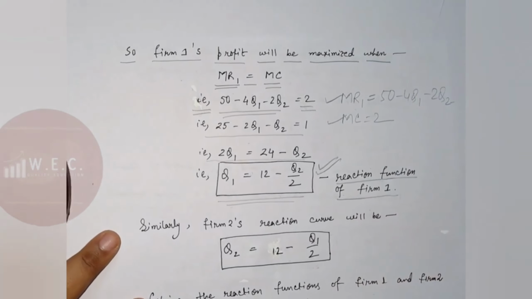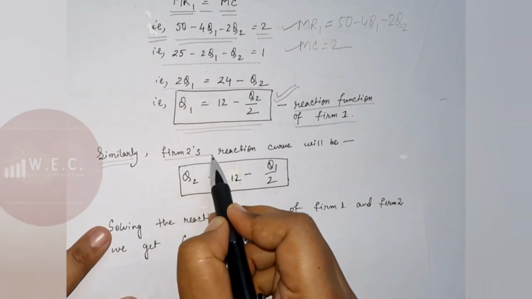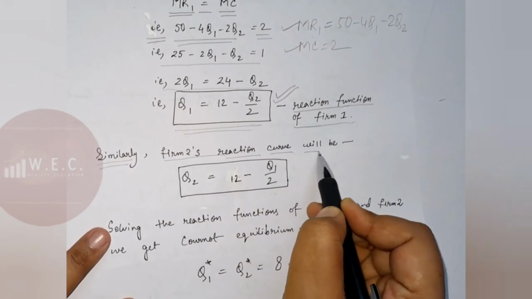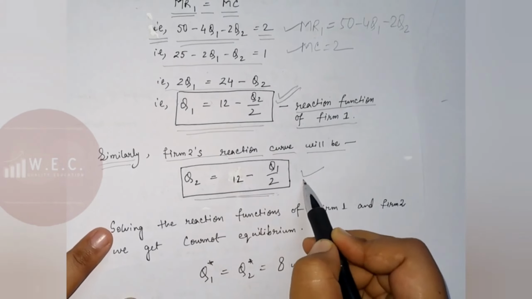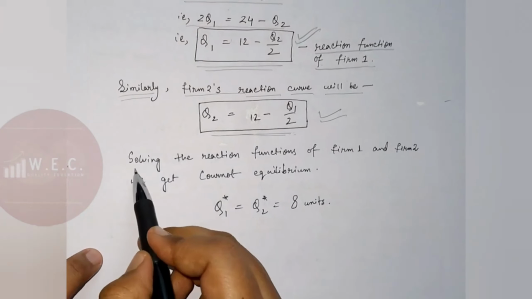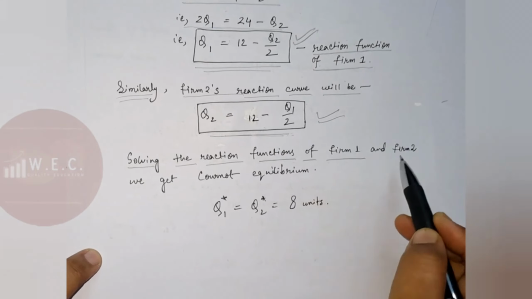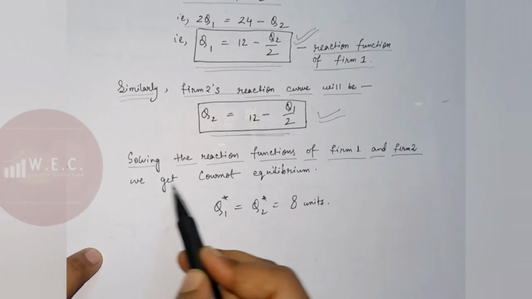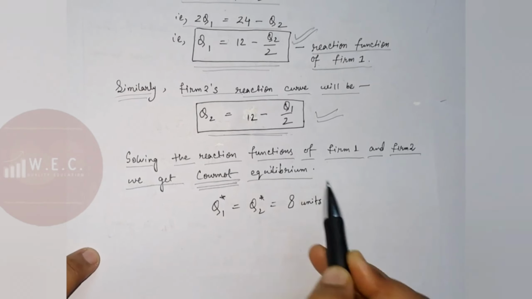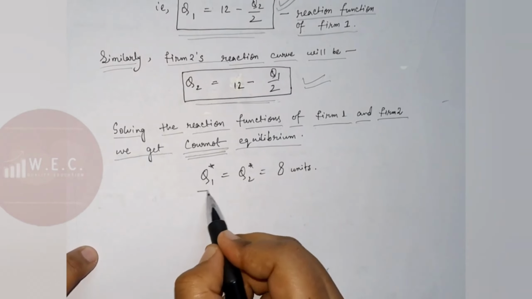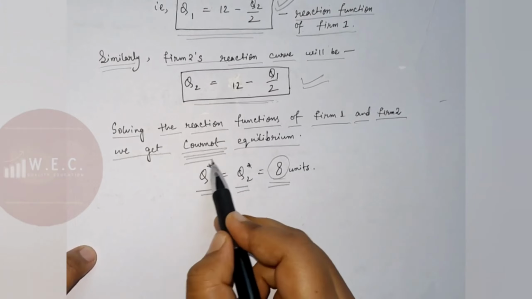With the same process, we can derive the reaction function of firm 2 as well. The reaction function of firm 2 is Q2 equals 12 minus Q1 divided by 2. Solving these two reaction functions, we can get the Cournot equilibrium, that is Q1* equals Q2* equals 8 units.